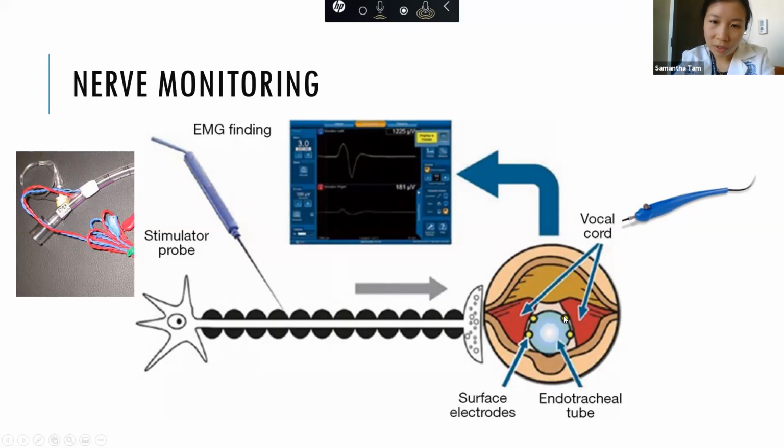These are the electrodes that are there. Here we have the probe. We're touching the nerve. The nerve gives a signal to the vocal fold. It moves, it comes back here and beeps and tells us that it's working. So this has been very useful for surgeons to make sure that we don't injure the nerve and also to confirm that the nerve is working at the end of the case.